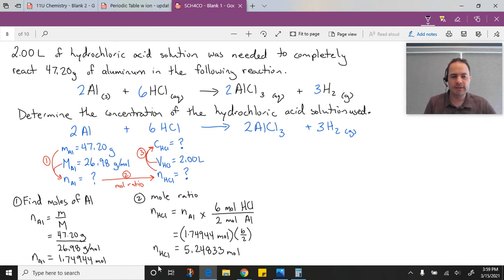So we've got the moles of HCl. We've got the volume of the HCl solution. Now we can calculate the concentration. So remember, our formula for concentration is C equals n over V, moles divided by volume.